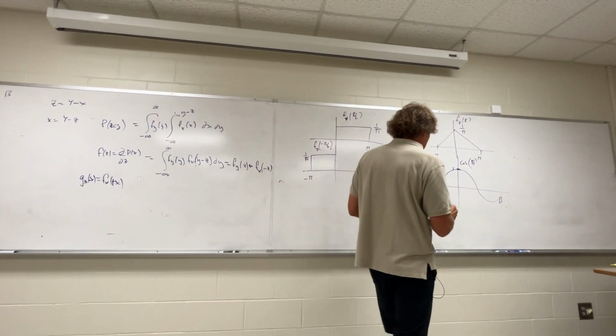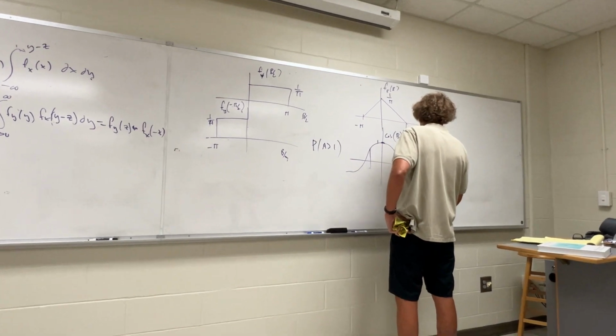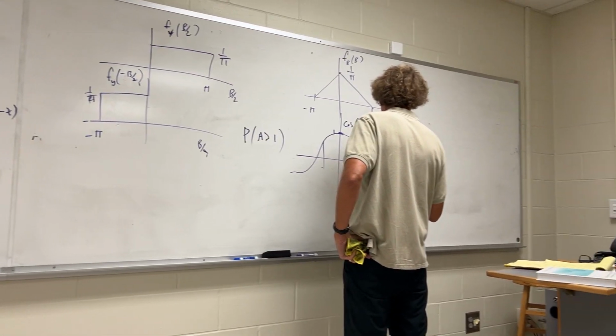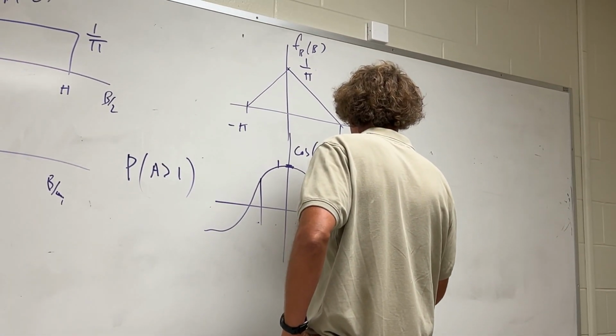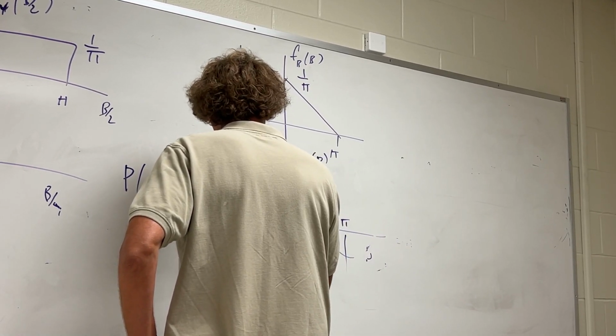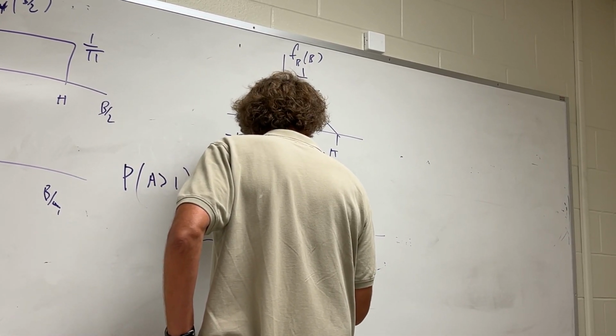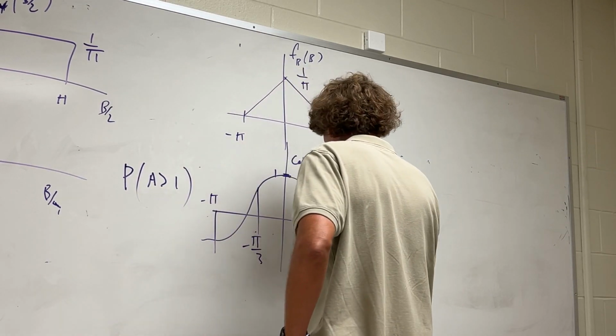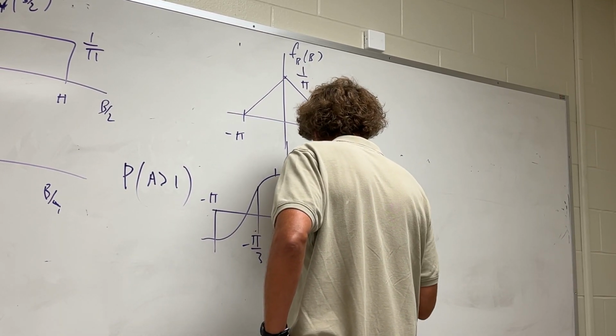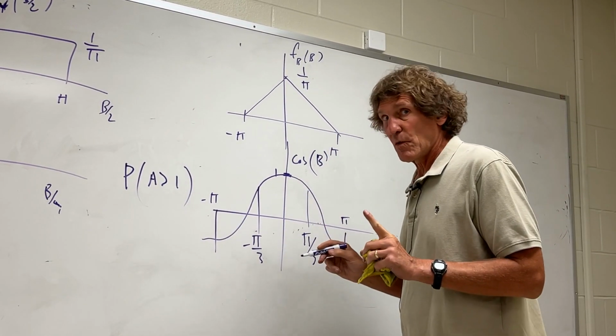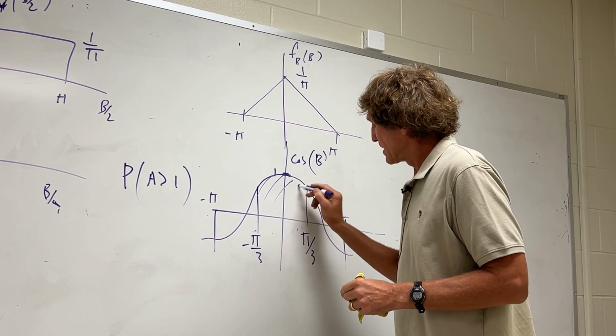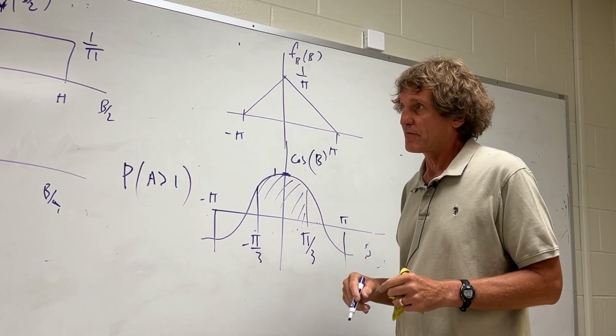So if you look at this, this is pi. I really exaggerated it. This should be pi, and this should be minus pi. So pi over 3, minus pi over 3 here, and this is plus pi over 3 here. So what we need is the probability that it's inside there. Do you all follow me?